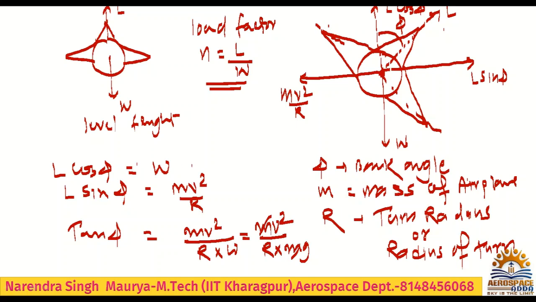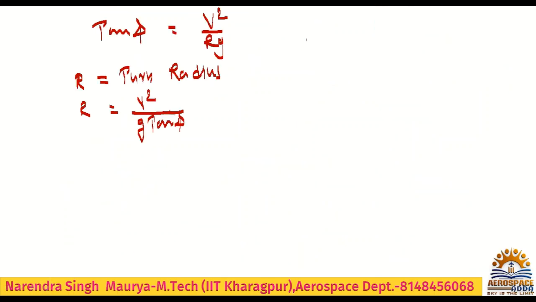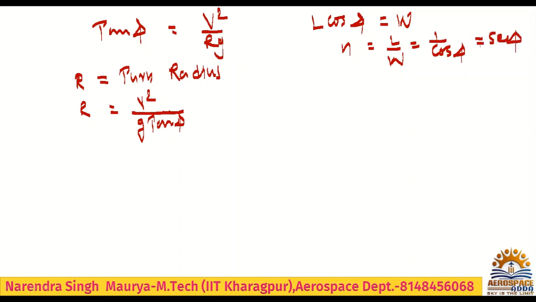So from this, n is L by W, which is equal to 1 upon cos phi, since L cos phi is equal to W. That is nothing but sec phi.